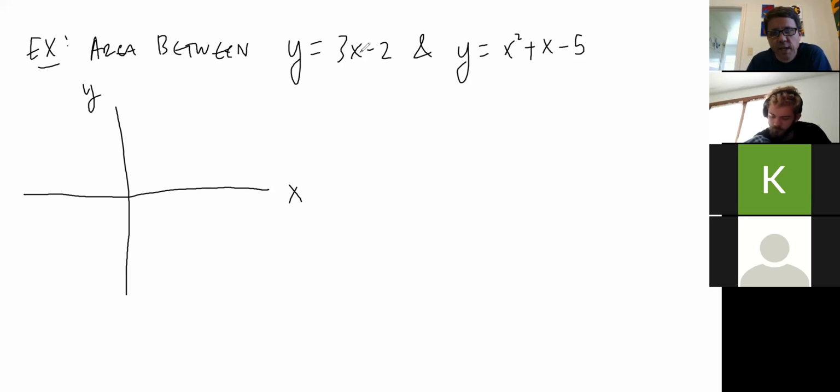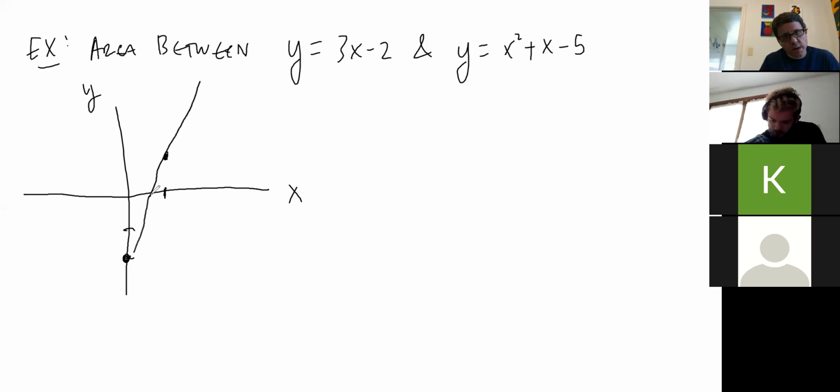If I stick in x equals 0, I'll get -2 at that point. If I stick in, say, 1, I'll get 3 minus 2, which is 1. So I know that my picture is a line.